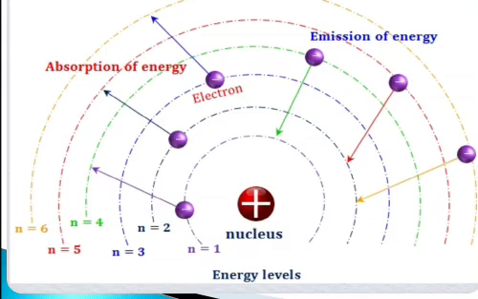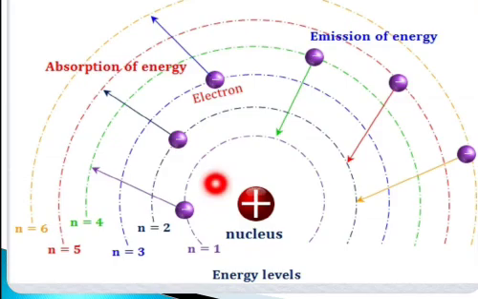So by looking at this structure, what you will observe is that if an atom jumps to a higher energy level, the atom will absorb energy, and if an atom falls from a higher energy level to a lower energy level, there will be emission of energy in the form of light.